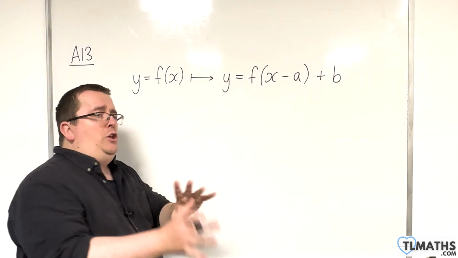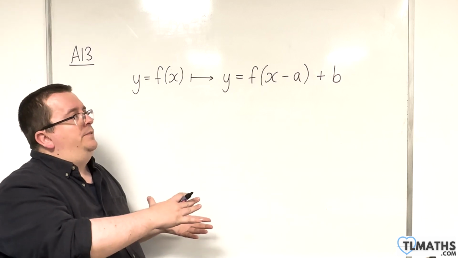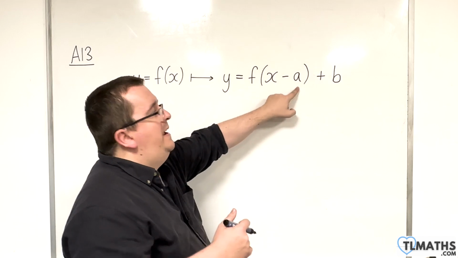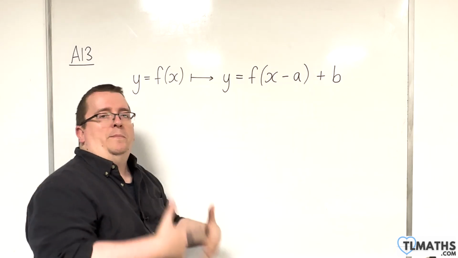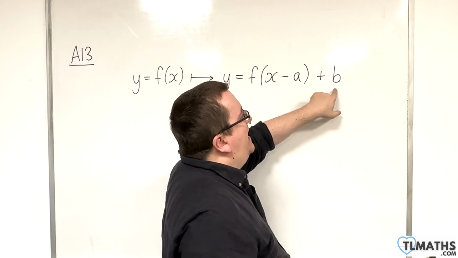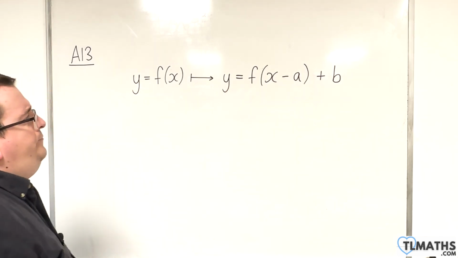But the a or the b could be positive, they could be negative. So if a was negative, we would have take away a negative, and so you would have a plus, okay? And here we could have plus a negative, and so you'd be subtracting, okay?